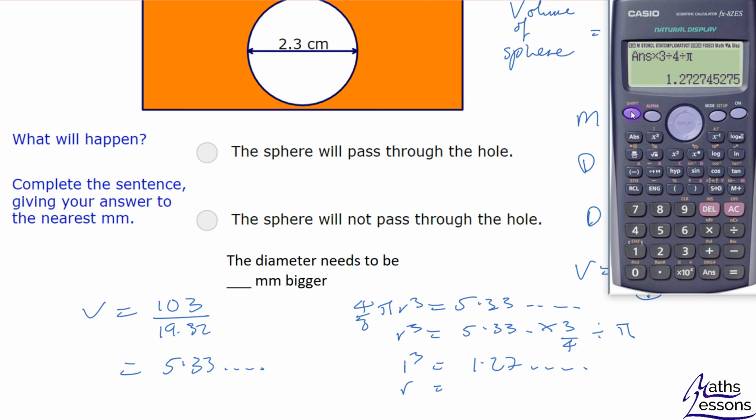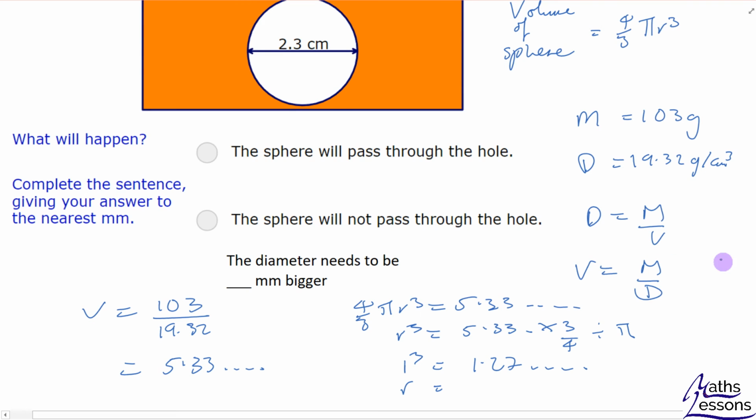So let's just cube root the answer, and we get 1.08. Now, r is obviously going to be halfway across here. 2 times 1.08 is just under 2.2. So yes, it will pass through the hole.